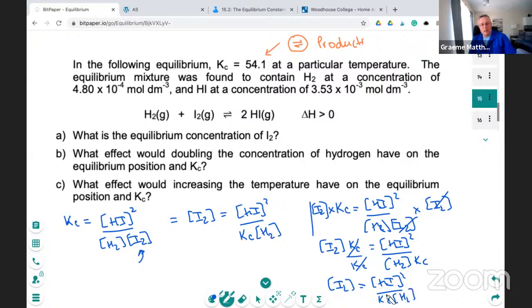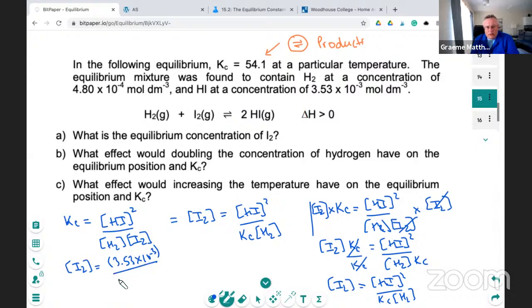Now, let's plug the values in. So I2 is going to be HI squared, which they told us was 3.53 times 10 to the minus 3.